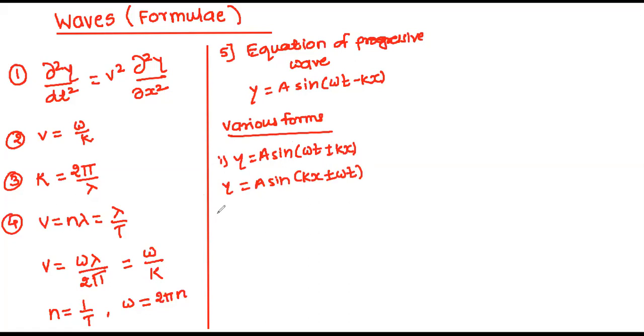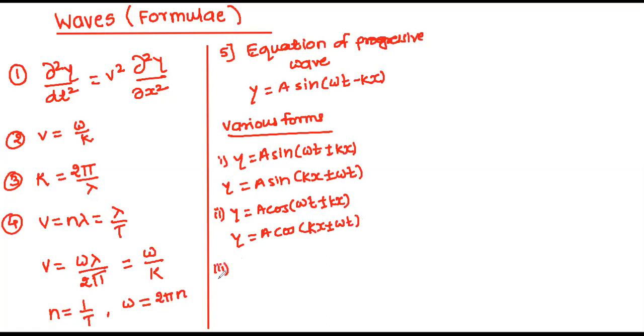Next, second formula, y is equal to a cos omega t plus or minus kx, or y is equal to a cos kx plus or minus omega t.